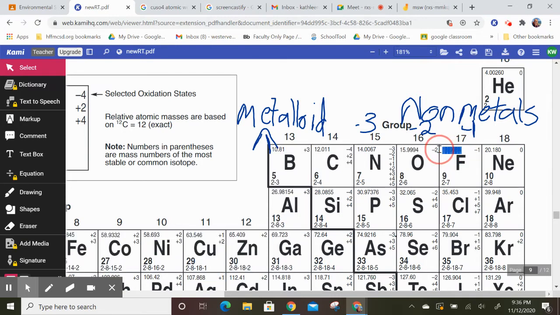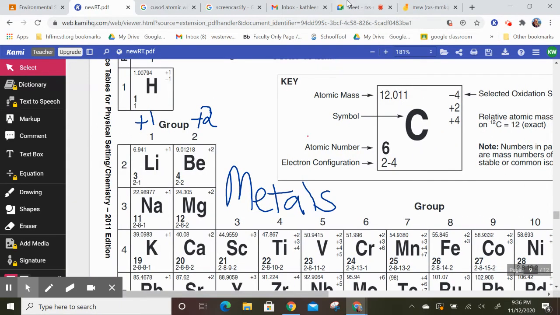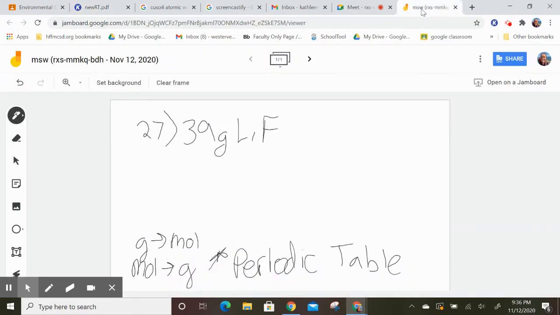Fluorine's over here, and it has a weight of about 19. So I'm just going to write these weights. It's 7 plus 19. That gives you a number that is about 26.